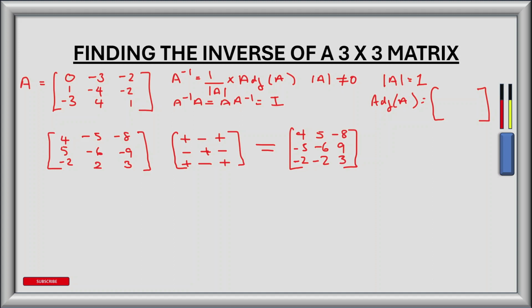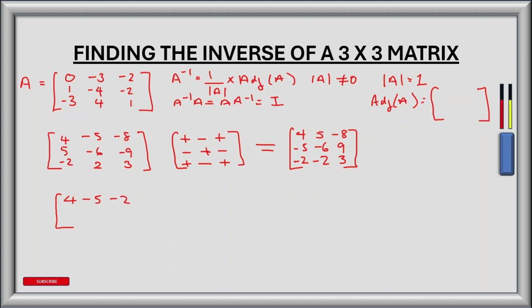This now gives us the matrix of cofactors. So now the final step in finding the adjoint of A is to transpose the matrix of cofactors. So we take each column, so we take column 1 and we make it the first row in the adjoint. That becomes 4, -5, -2.